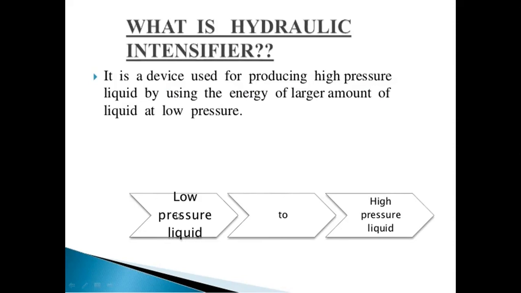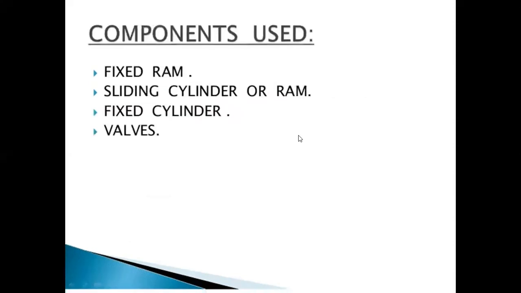You can see here, low pressure liquid is converted into high pressure liquid by a device termed a hydraulic intensifier. If we are talking about the main components, it consists of a fixed ram, a sliding ram, also known as a sliding cylinder, a fixed cylinder, and various valves.